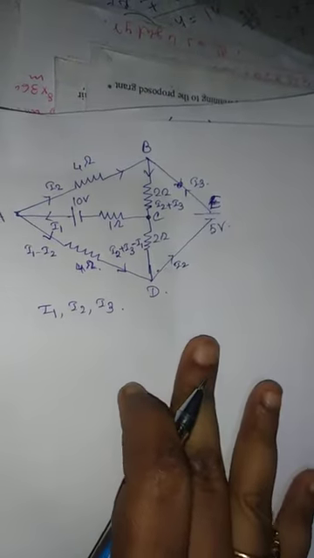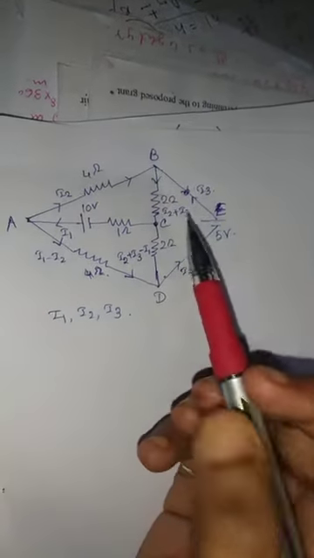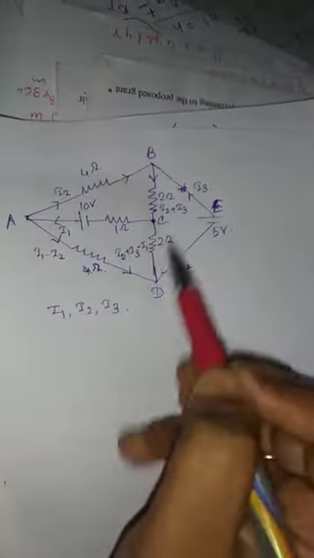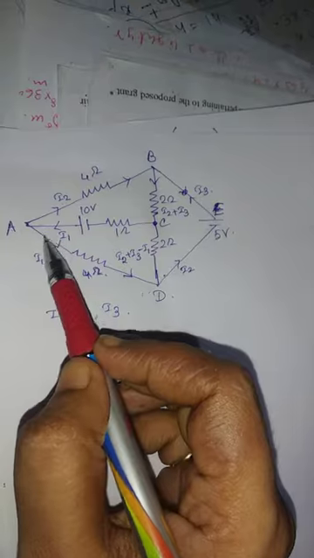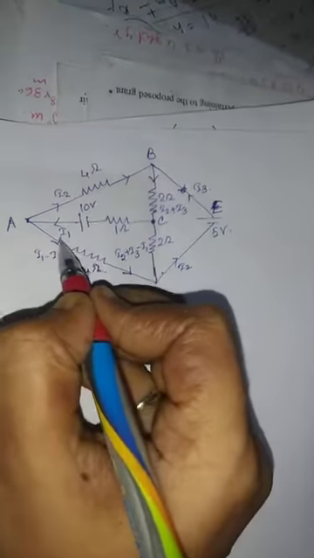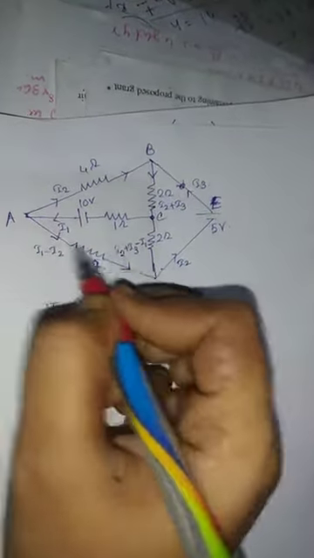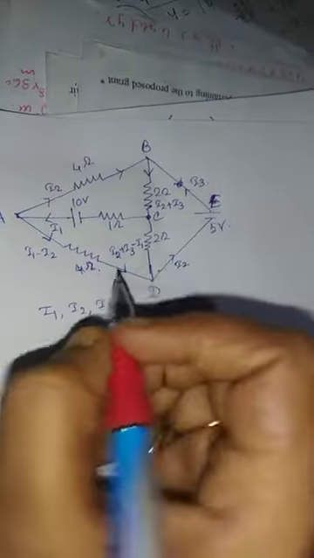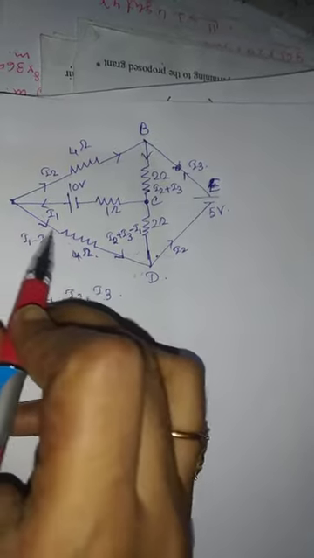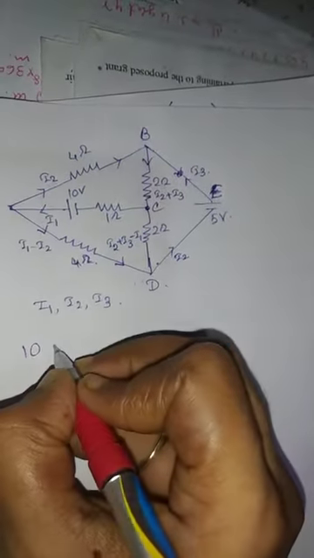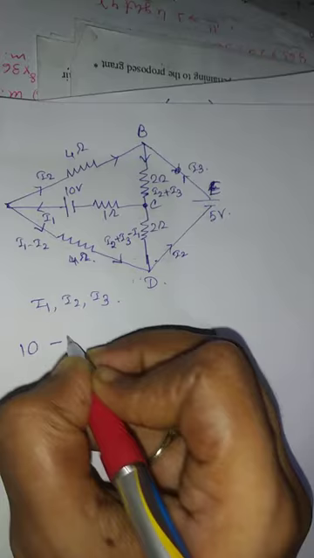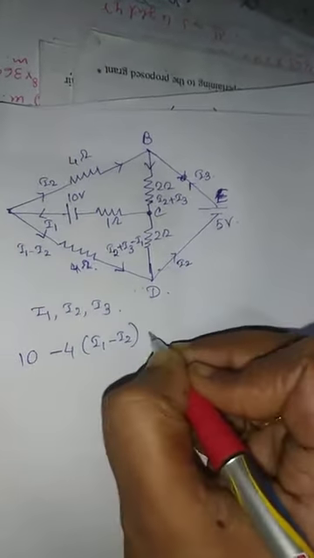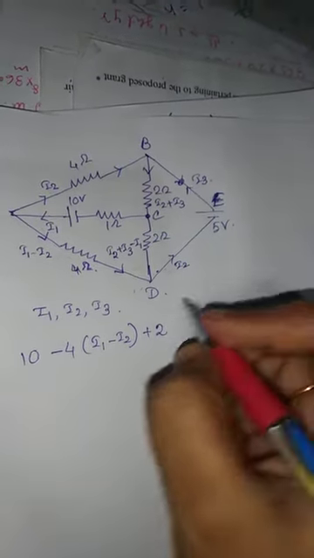So first I am applying it in the closed loop of A, D, C, A. From here the current I have taken as I1. So first 10 volt, starting. Next, whatever the direction of this current, I am taking it for I1 minus I2 plus 2.